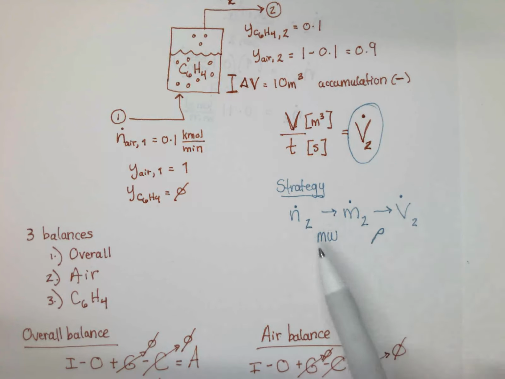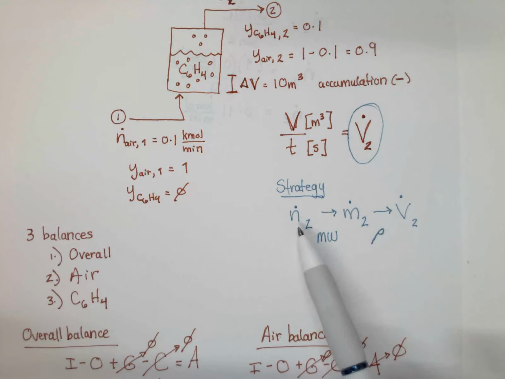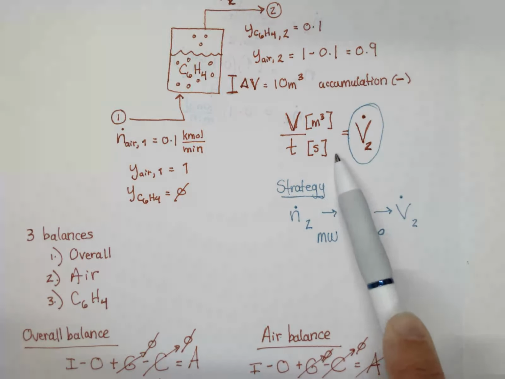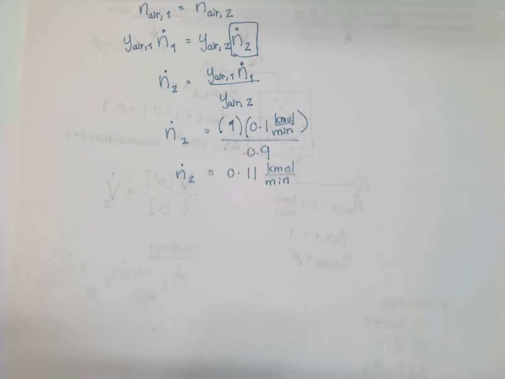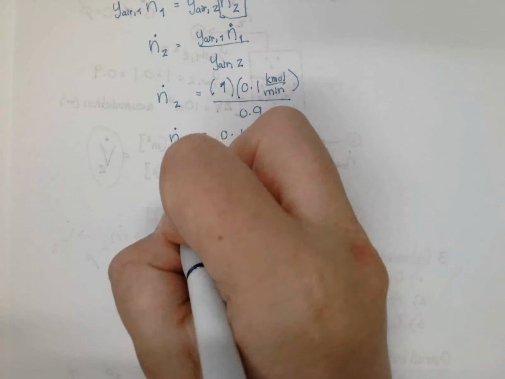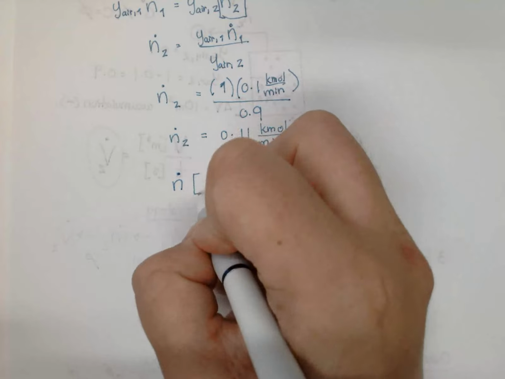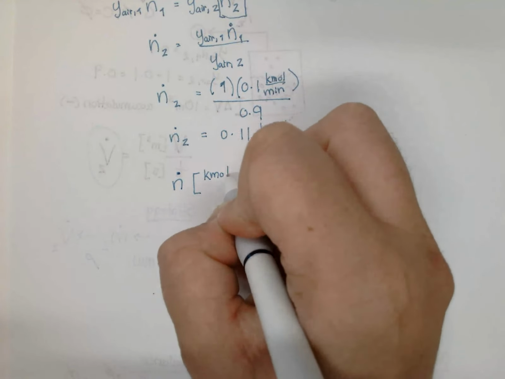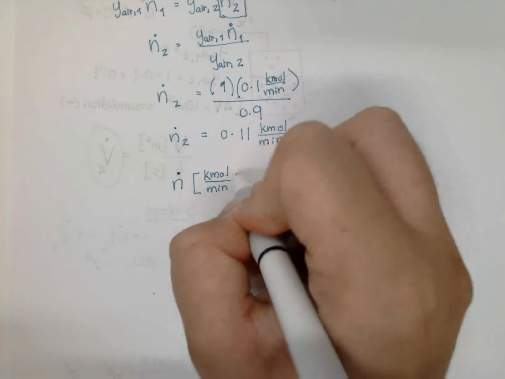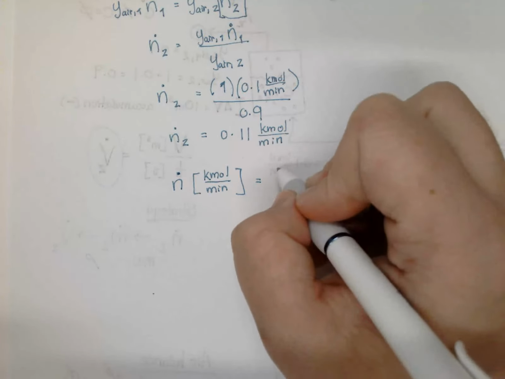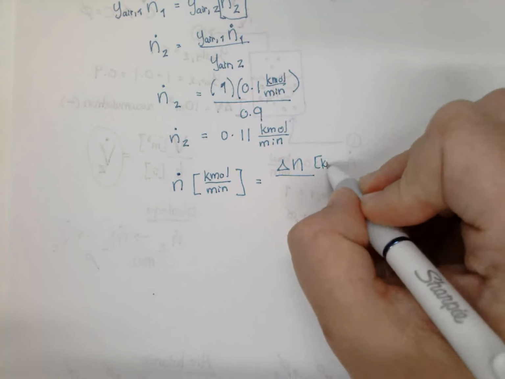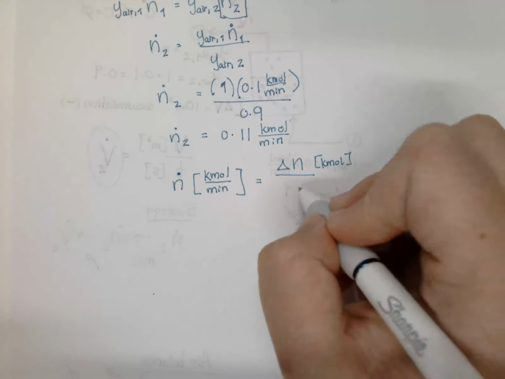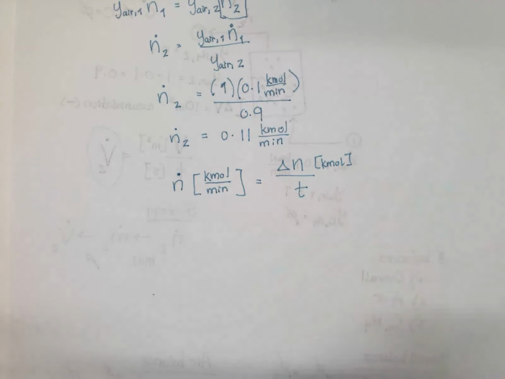Instead of doing all of this, could we take this flow rate and do something similar to what we did here? Let's say, for instance, we know that the molar flow rate in terms of kilomoles per minute will be equal to the change in number of moles in terms of kilomoles per unit time.